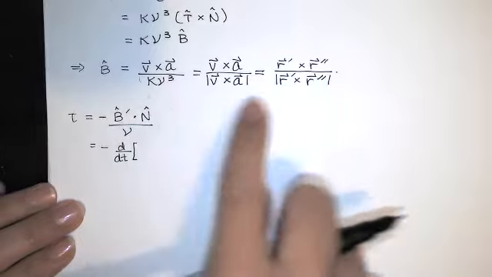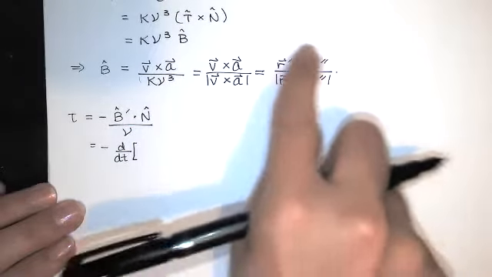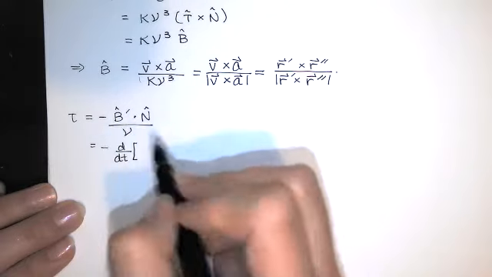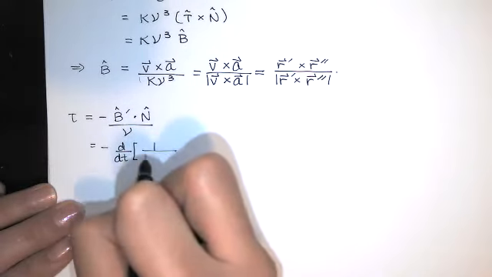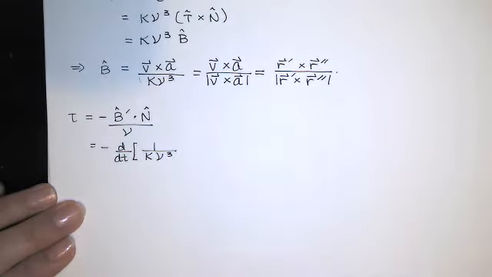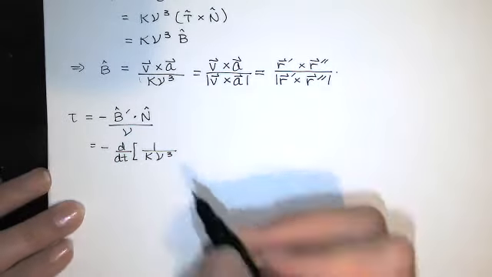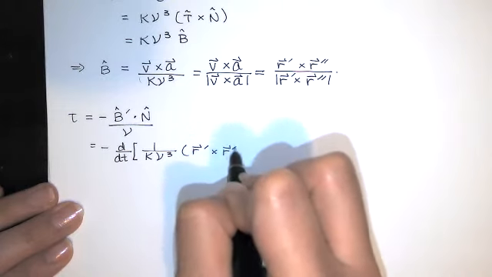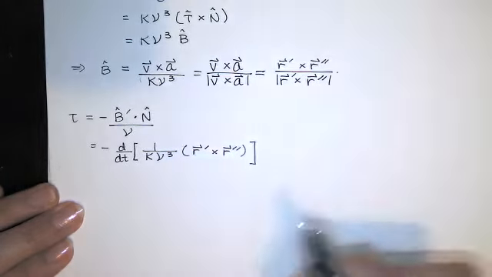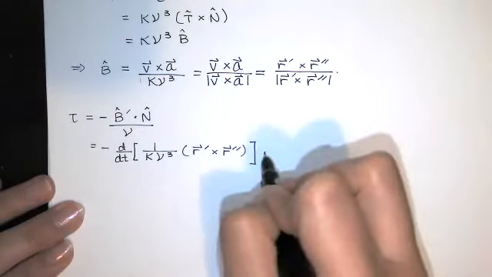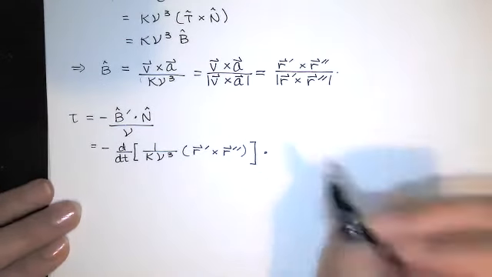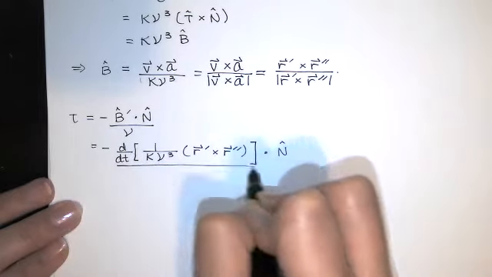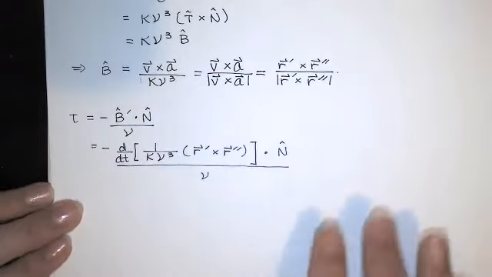I think I am going to do it that way. I'm going to think of this as this over that, kappa times nu squared. So maybe I'll write it that way. I've got a scalar function of t times this cross product. I want to compute that, and then I want to dot it with n hat, and then I want to divide the result by that.